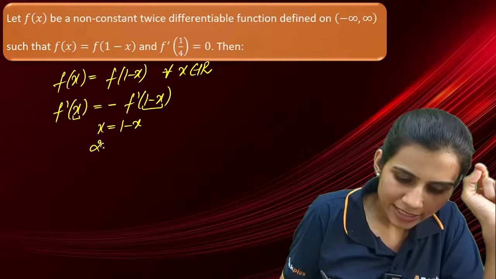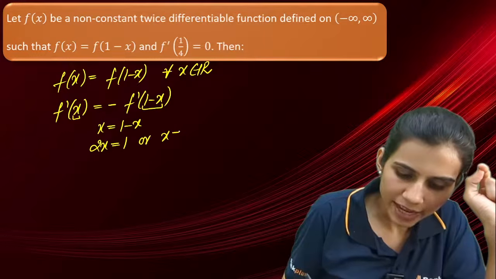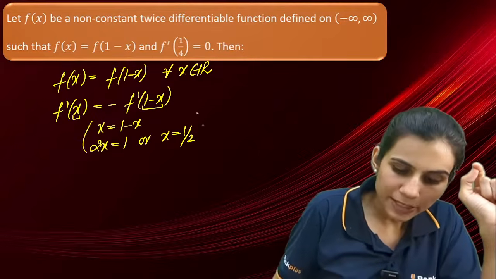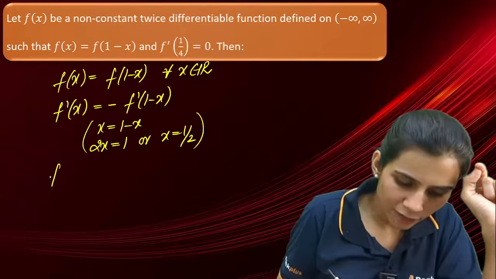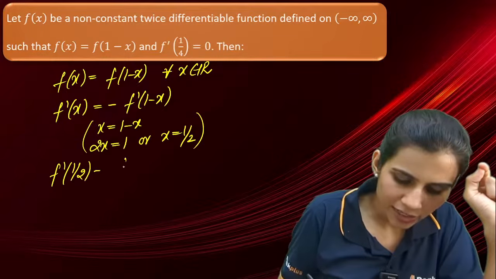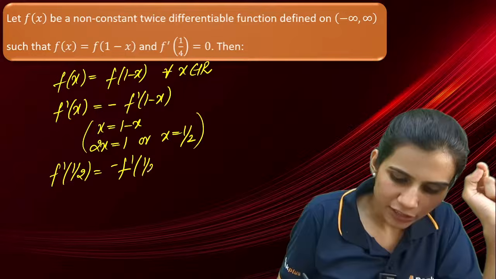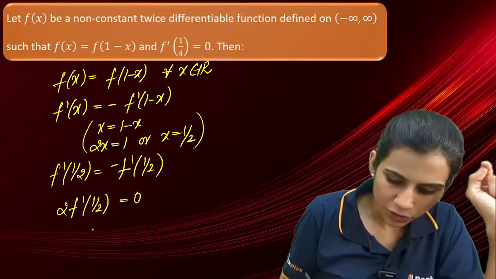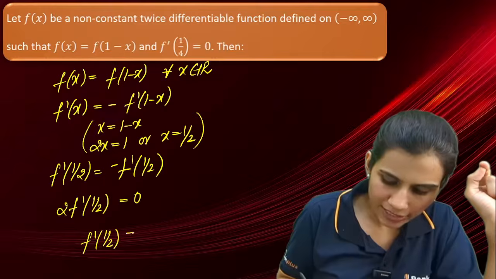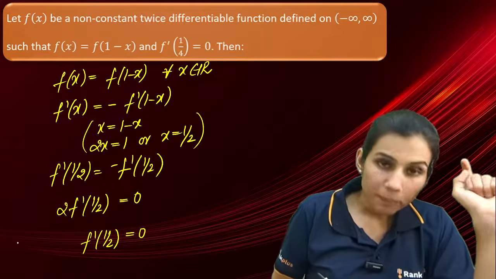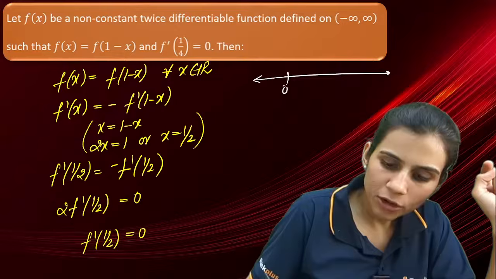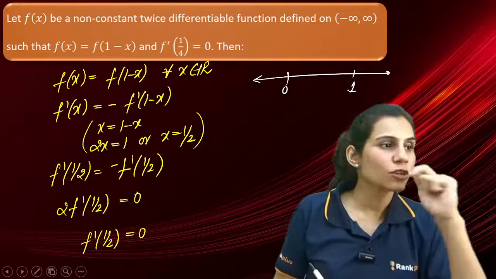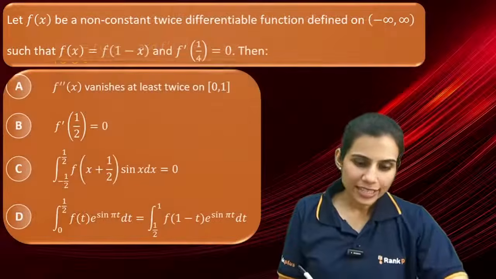That means 2x equals 1 or x equals half. When you plug in x as half, you will get f dash half here and again minus of f dash half here. So twice of f dash half will give you 0, or f dash half is 0, people.